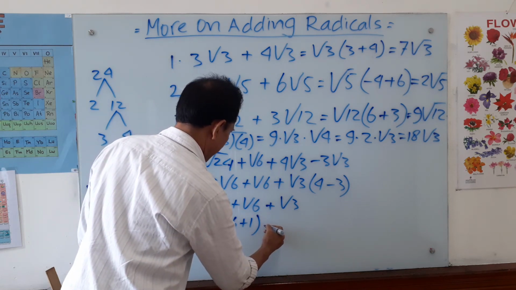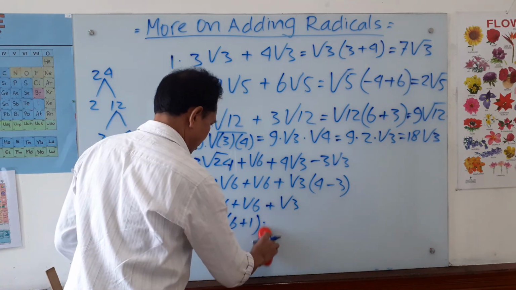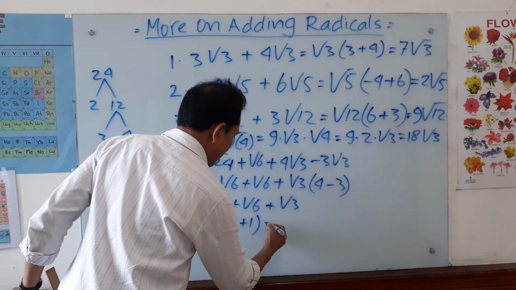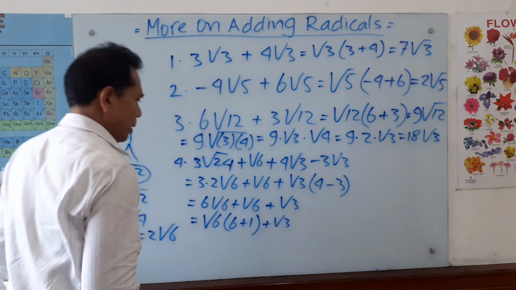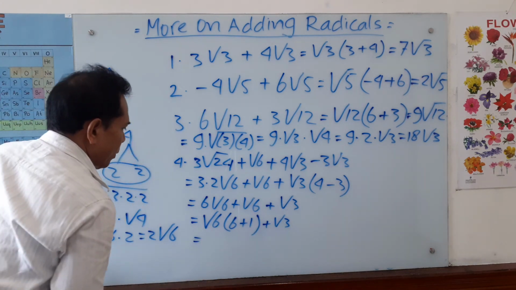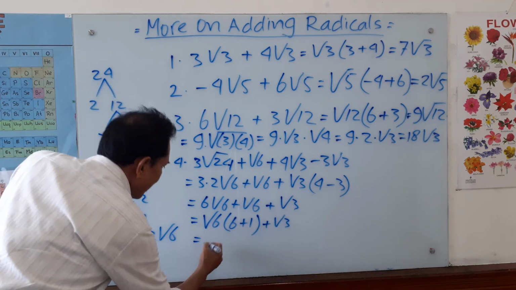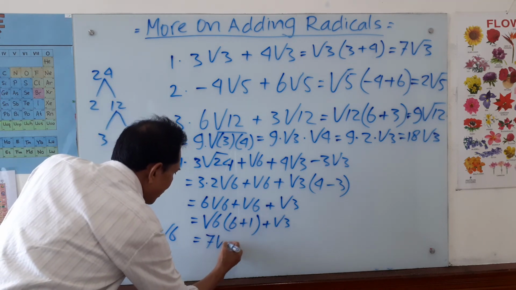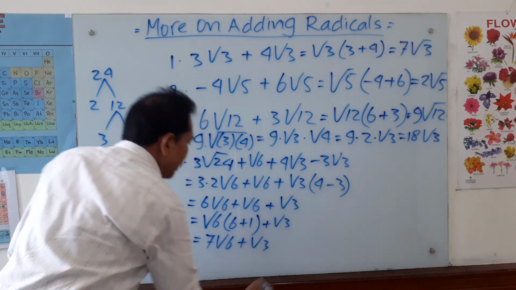Then plus square root 3, okay? Then we put equal sign here. 6 plus 1 is 7, okay? So 7 square root 6 plus square root 3.